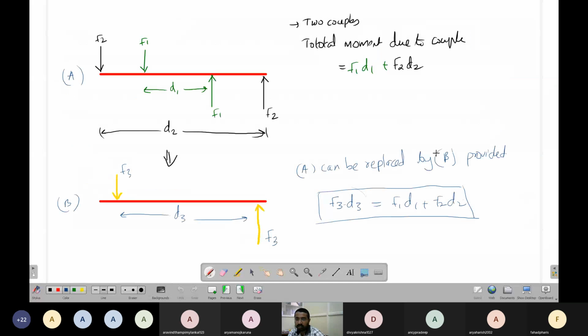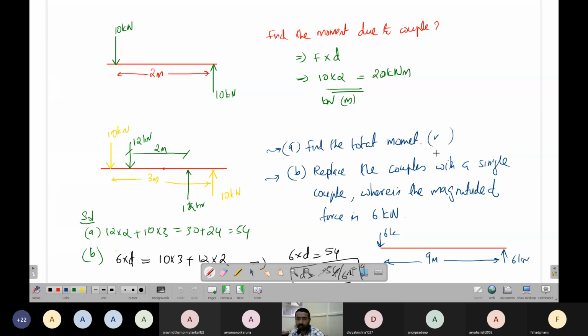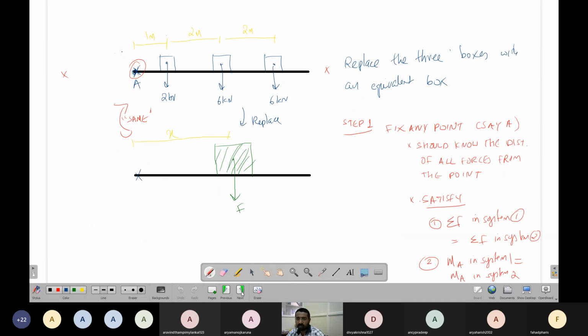This is an indirect form of an equivalent force system. For example, with three forces, we can convert them into one force in the vertical direction and one in the horizontal direction, with the same moment, so the system is the same.